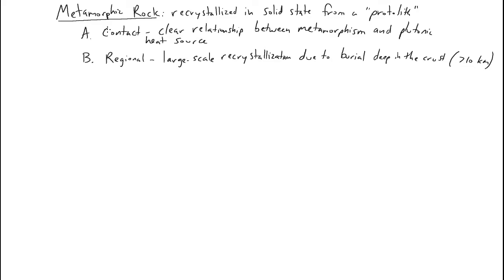Okay, so the same rock you might pick up could have been metamorphosed as part of a regional metamorphism or contact metamorphism. Just looking at one rock, you wouldn't know the difference. You've got to look at a map. You've got to look at the regional relationships to figure that out.